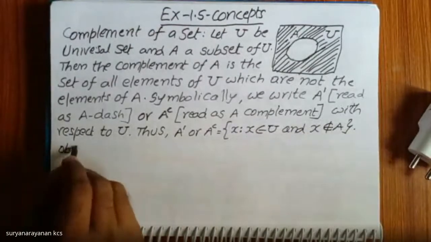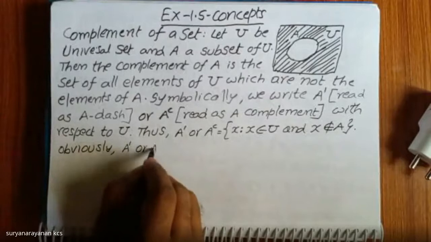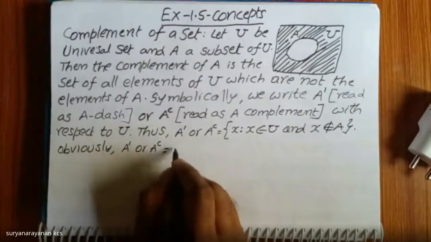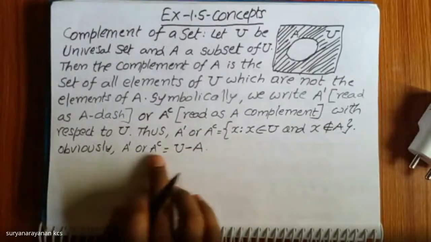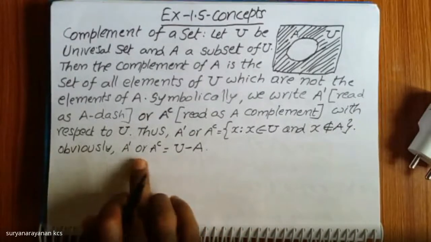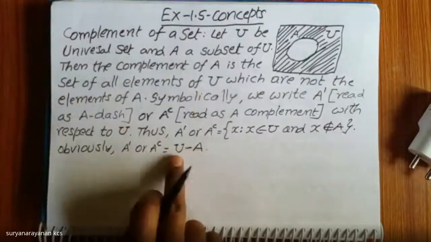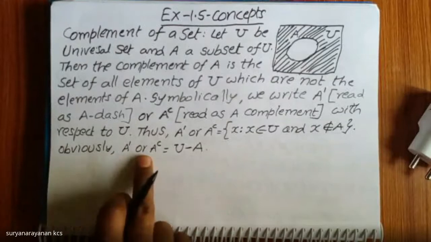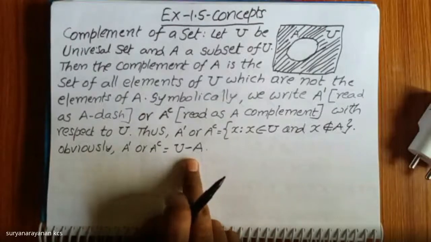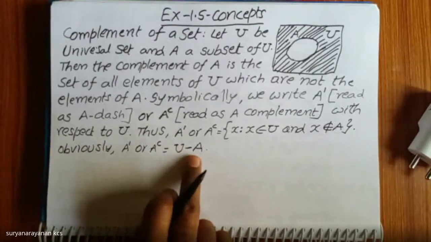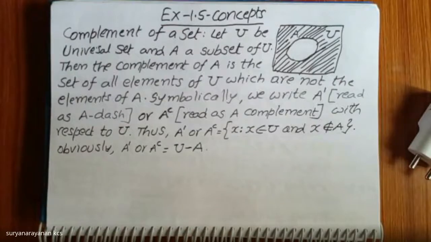Obviously, A dash or A complement is equal to universal set minus A. You have to remember the main point of this definition is U minus A, universal set minus A. This is the formula to find the complement of the set A. It is nothing but the difference of the two sets, universal set and set A. Okay, my children.